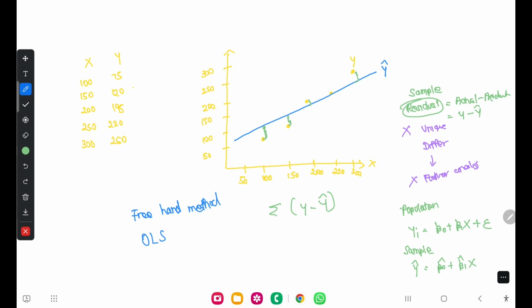When minimizing, because of certain issues, we have to make this positive. Either we find the absolute differences, where you put a modulus so that even a negative number inside is considered positive, or we square it: y minus y cap to the power 2.